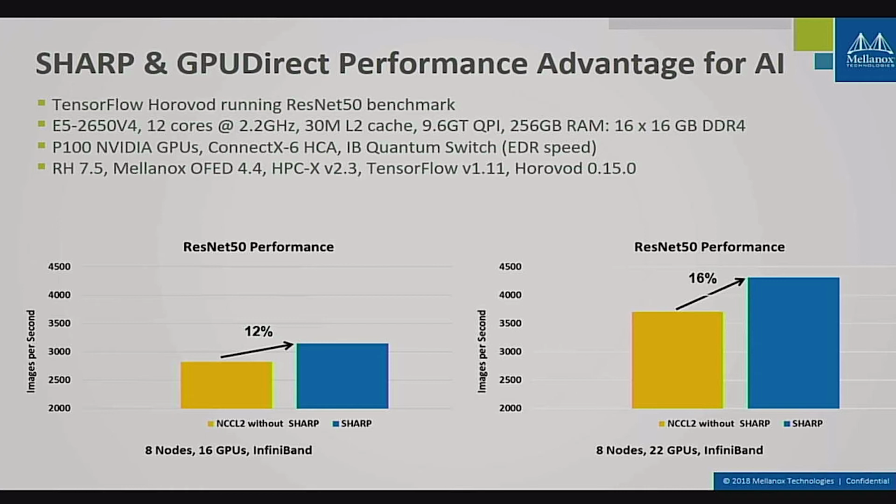Unfortunately, this was the largest system that I had access to. Probably later this year, we will have access to more GPUs. And you can actually see a real benefit of offloading AllReduce from software to hardware.